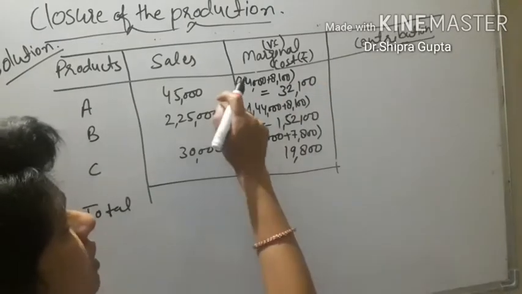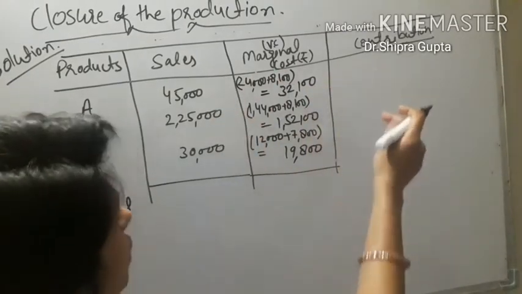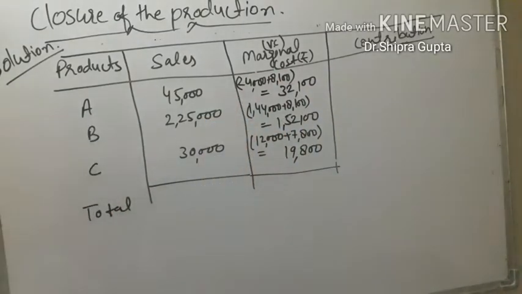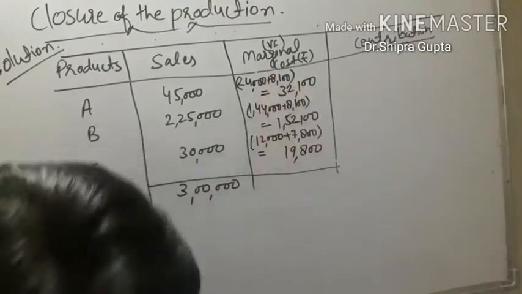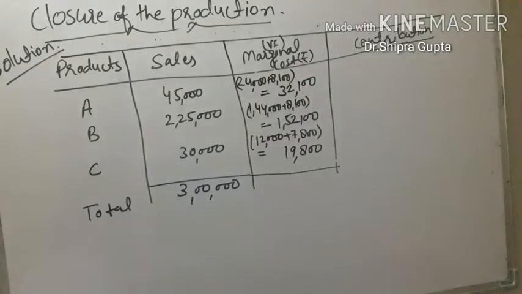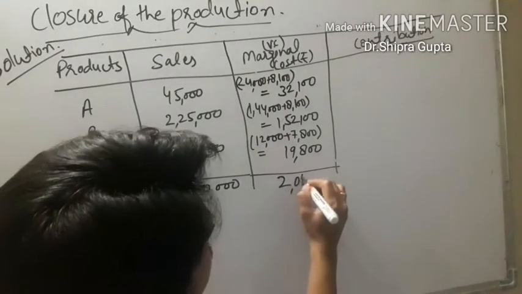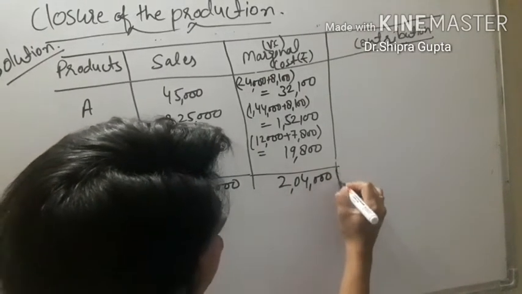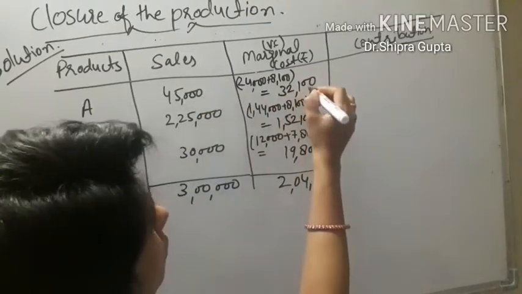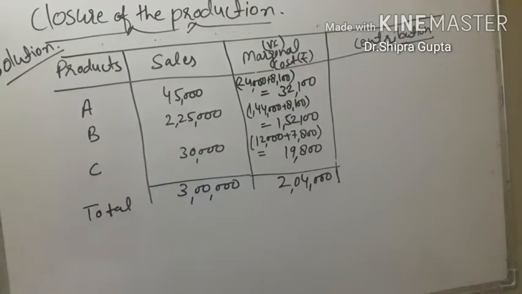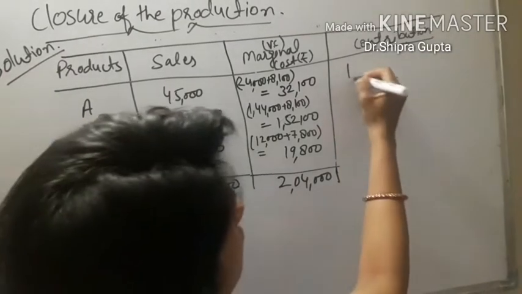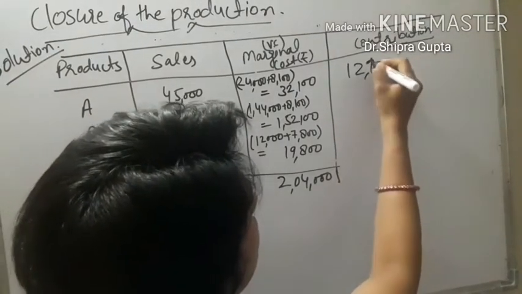Now we will take the total and find the contribution. Contribution is sales minus variable cost. Sales total will come rupees 3 lakh and total marginal cost will come rupees 2,04,000. Contribution for A: 45,000 minus 32,100 will come 12,900.